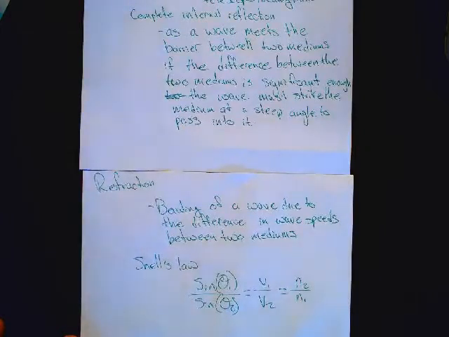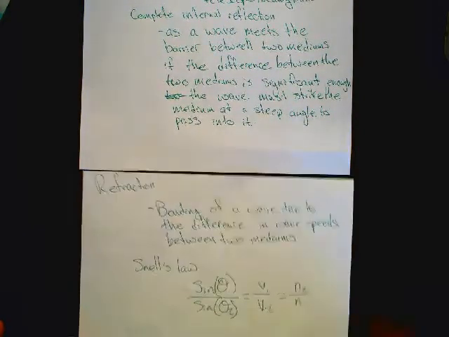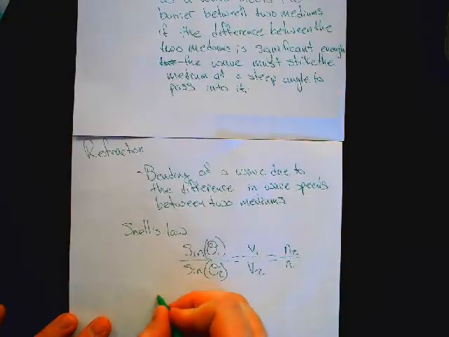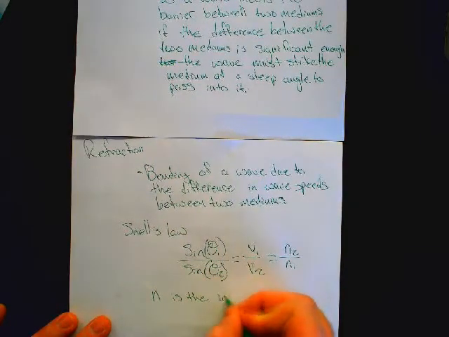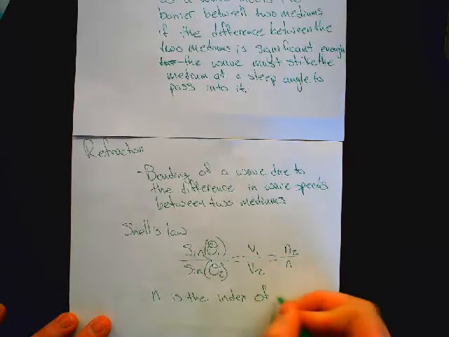Now note, I did swap the 2 and the 1 on this spot. Where n is what we call an index of refraction.